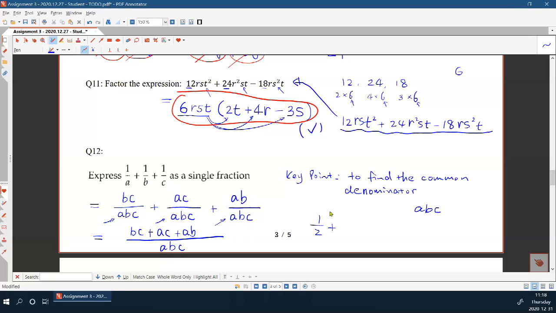Such as 1 over 2 plus 1 over 3 is not 1 over 5, right? This is not correct. So the correct way to do this is, first of all, you need to change it to the same denominator, which is 3 over 6, 2 over 6, right? Only when the denominators are the same, you can combine the numerators. Okay, this is the correct way to do it.